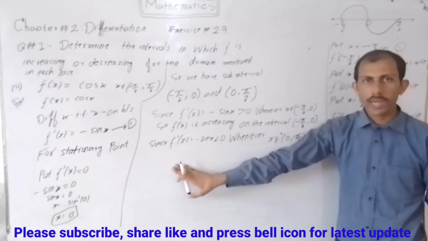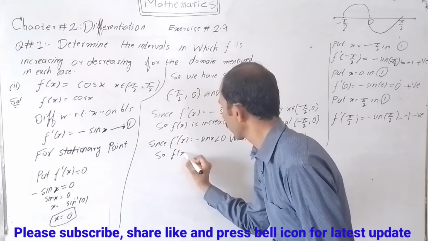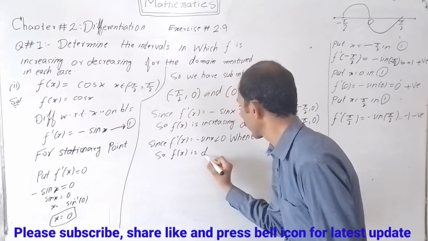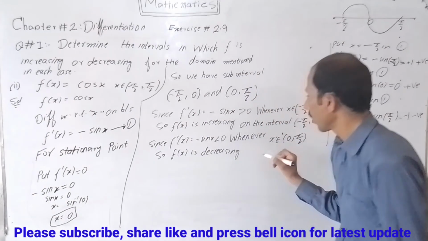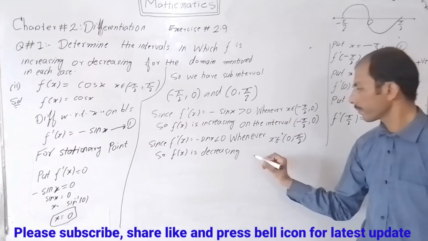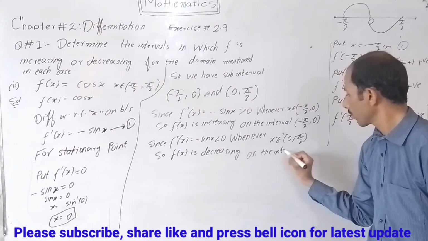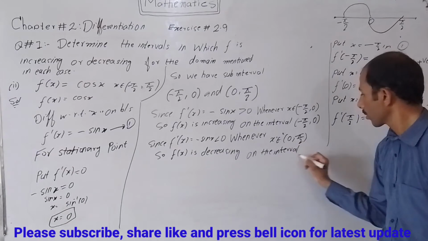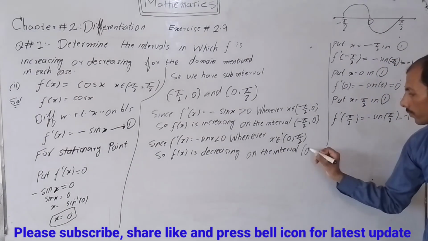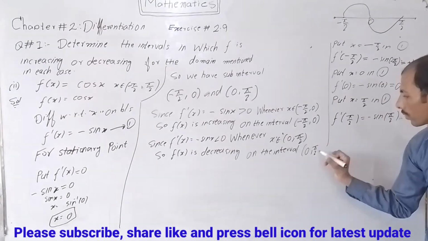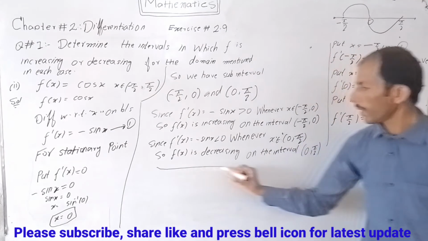So f of x is decreasing on the interval 0 to pi over 2, which is the required solution.